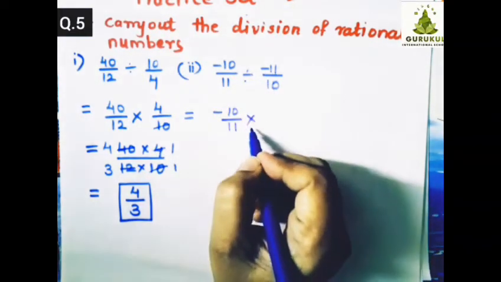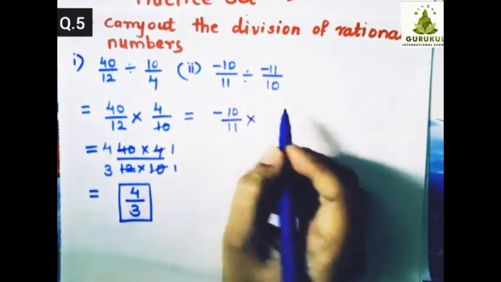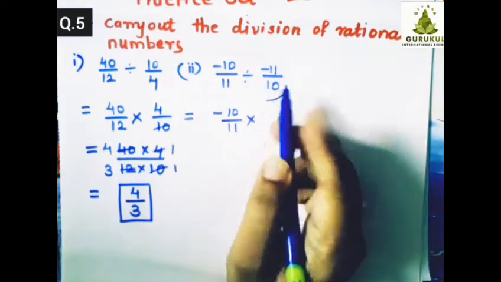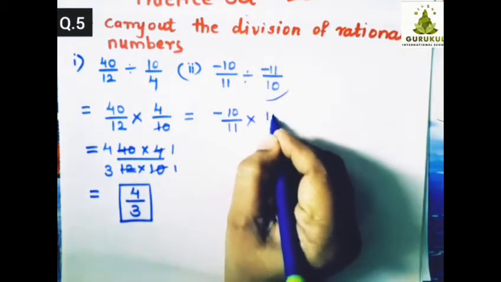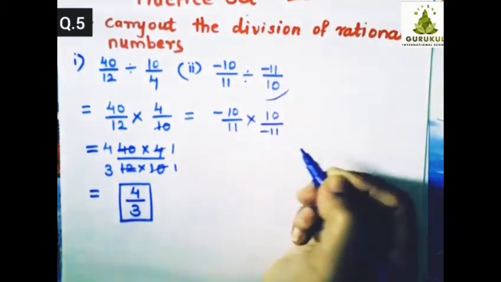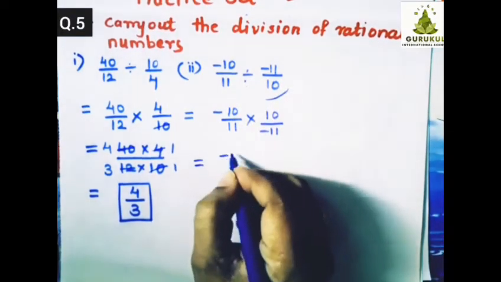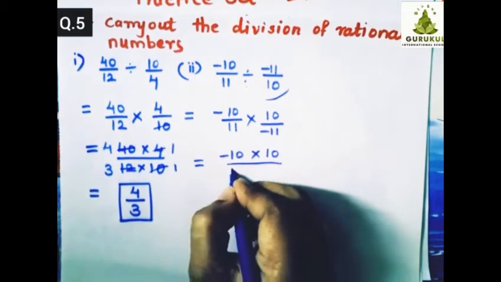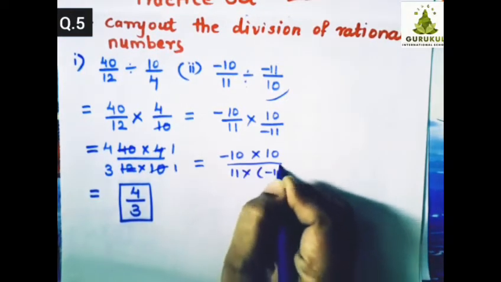Division will get converted to a multiplication symbol. Once you write the multiplication sign here, you have to write the inverse of this. So it will come 10 upon minus 11. Now write it together. Minus 10 upon 11 into 10 upon minus 11.